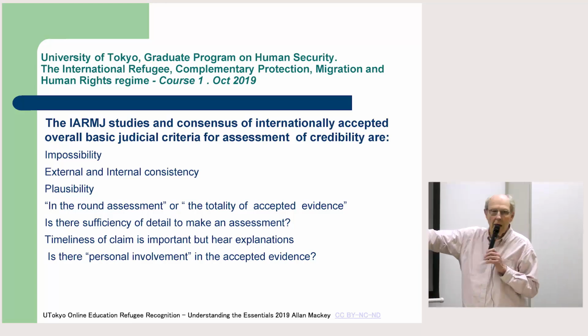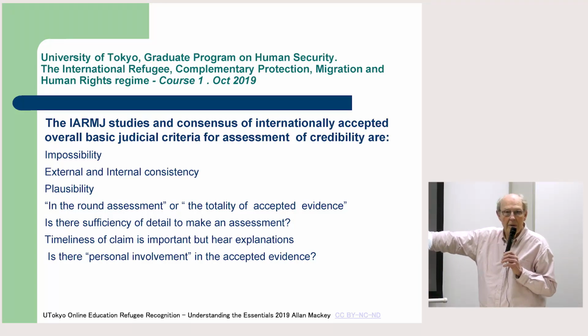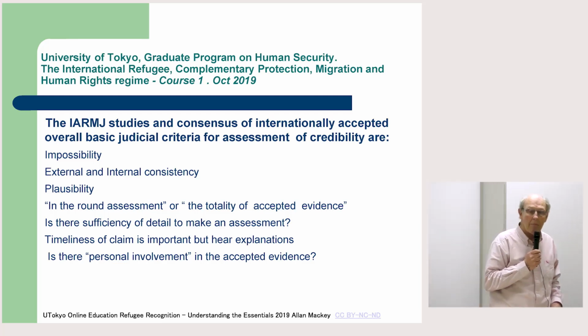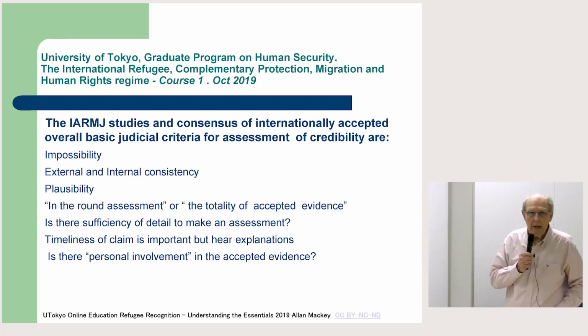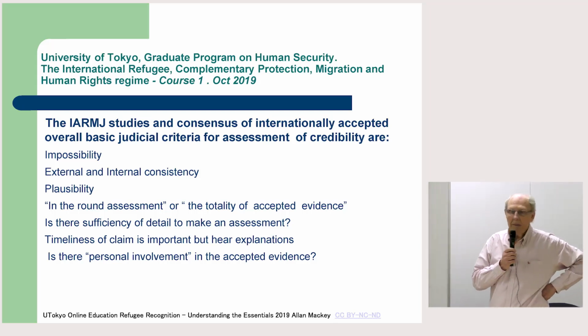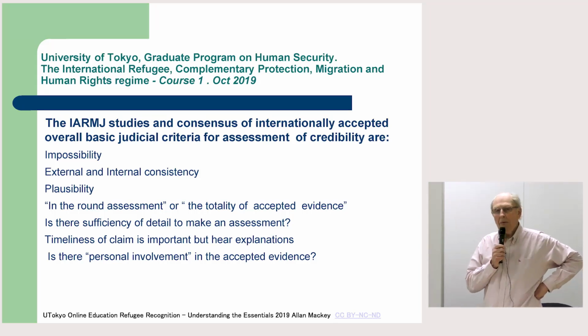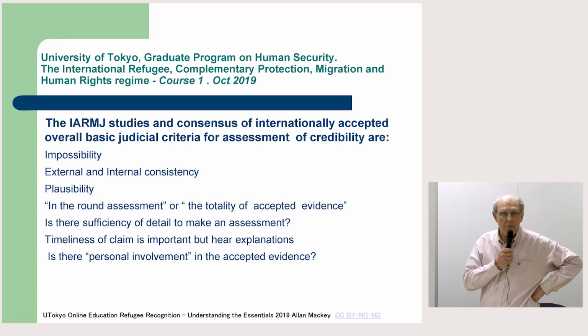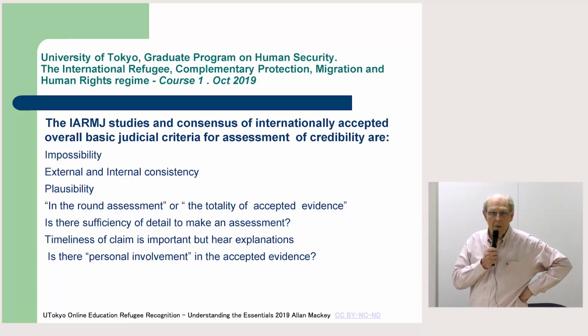The timeliness of the claim is important. You know, why have you been here for 3 years and you've never made a claim? Is a valid question and valid point of credibility concern. However, it may be, as we discussed yesterday, there's been a change of government, or the dictator has been overthrown, peace has broken out, or whatever it might be, or the opposite, more likely.